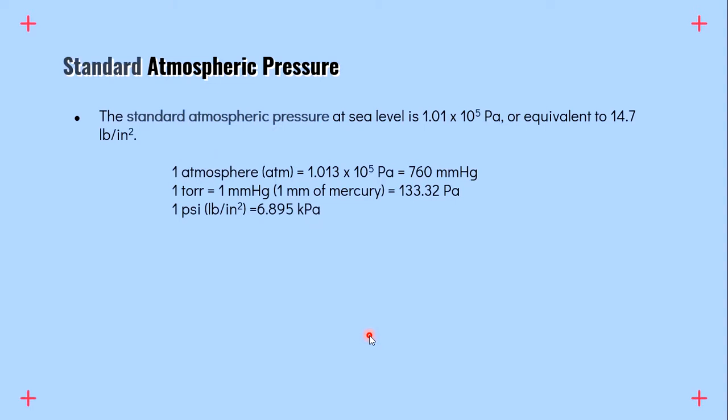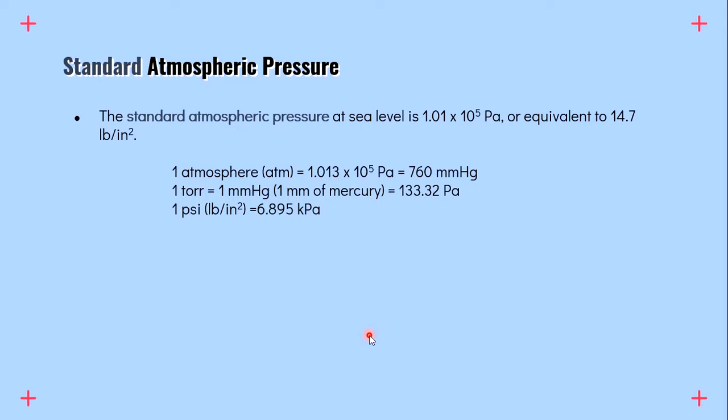The standard atmospheric pressure is the pressure that is exerted upon us by the atmosphere of the Earth. Even though we think that air is weightless, right? But if we think about it, there is a thick layer of air surrounding the Earth. That thick layer of air must have some weight.